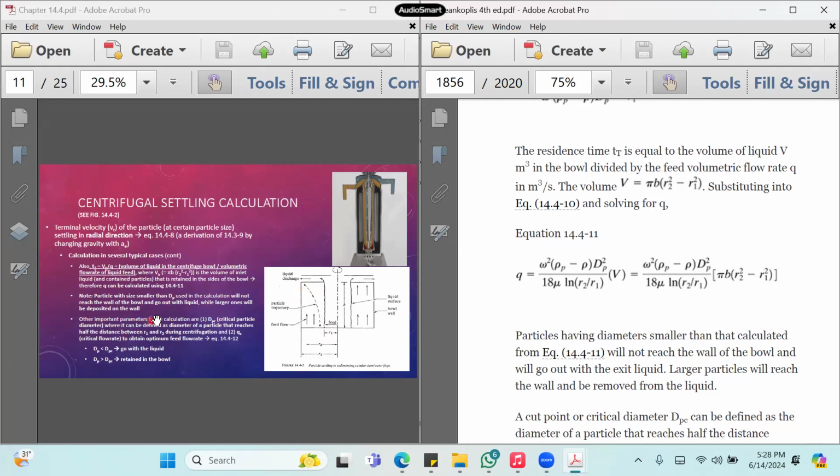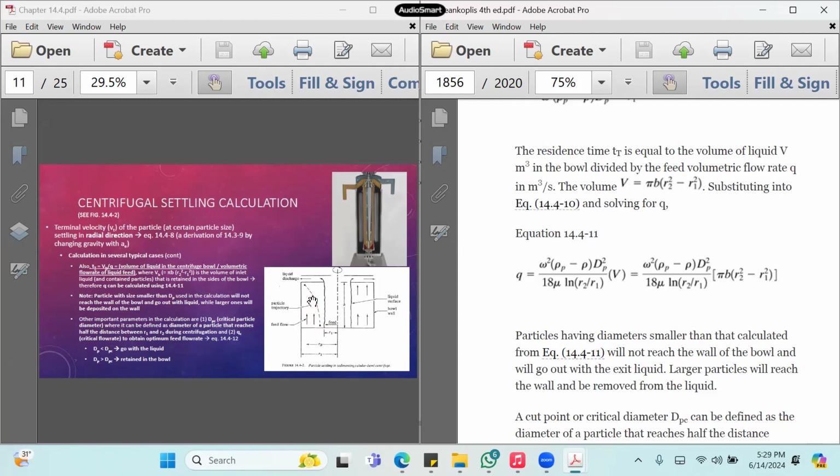And then we have two other important parameters in the calculation. The first one is DPC, or critical particle diameter, which can be defined as the diameter of a particle that reaches half the distance between R1 and R2 during centrifugation. So it reaches only the middle, half of the distance between R1 and R2.